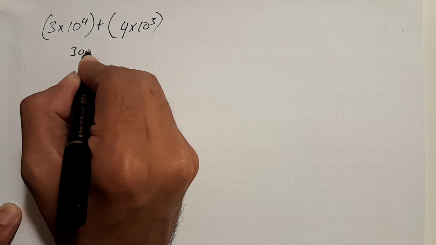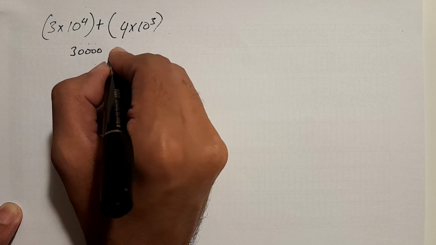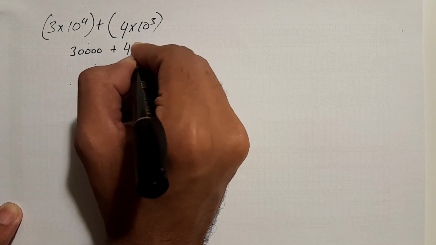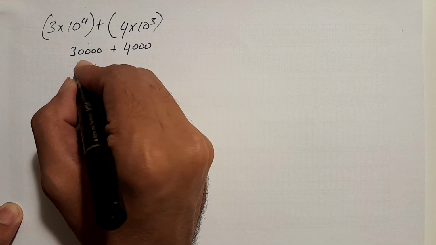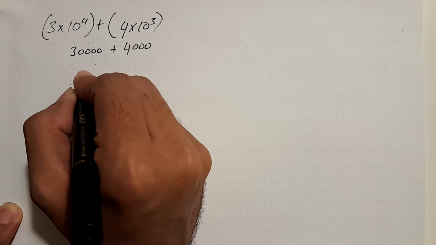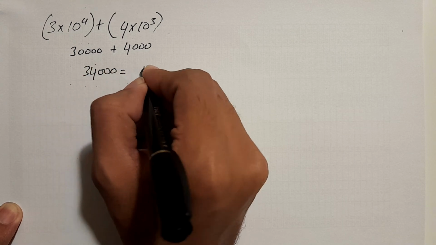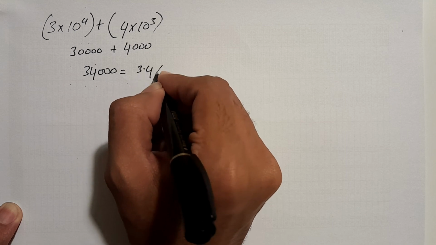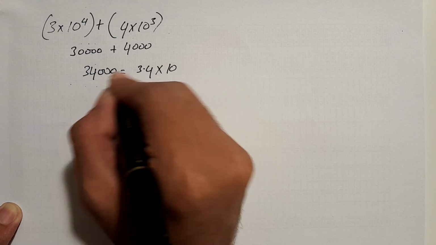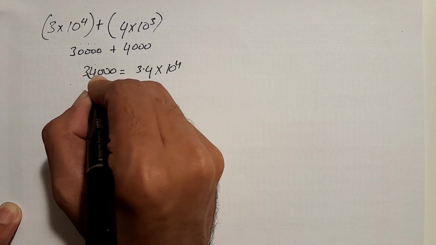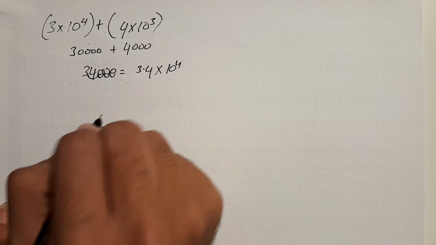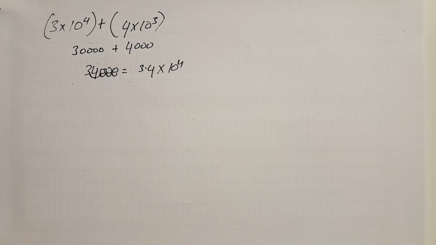So 3, 1, 2, 3, 4, and here 4, 1, 2, 3. So we add this together, and this will be 34,000. So in standard form it will be 3.4 multiplied by 10 to the power of 4, because here 1, 2, 3 and 4. So like this.